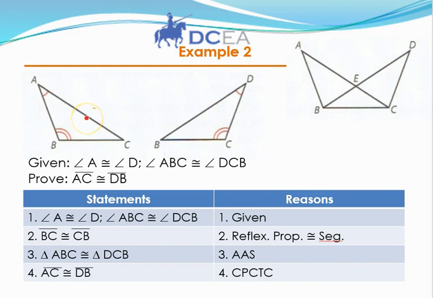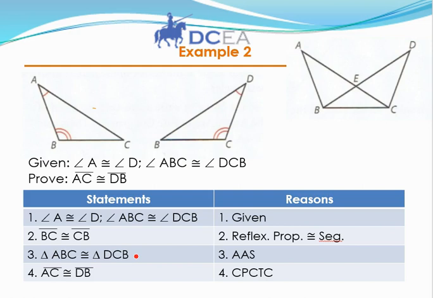Prove that this longer side, AC, is congruent to DB. So we have our given in our first statement.